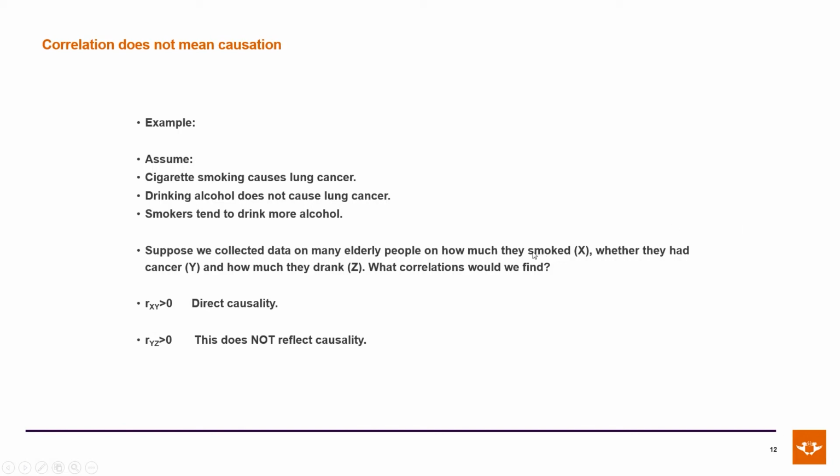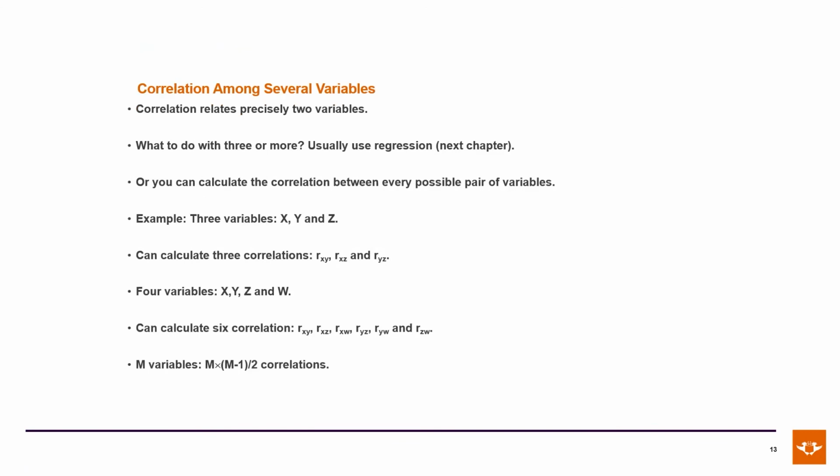Correlation among several variables. It's very important to know that you can only get the correlation between two variables at a time. We're going to draw up a correlation matrix in eViews a bit later on, but you can only do two at a time.